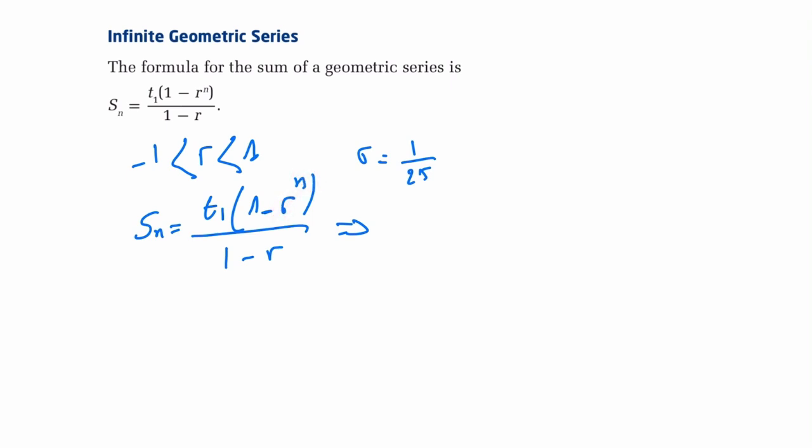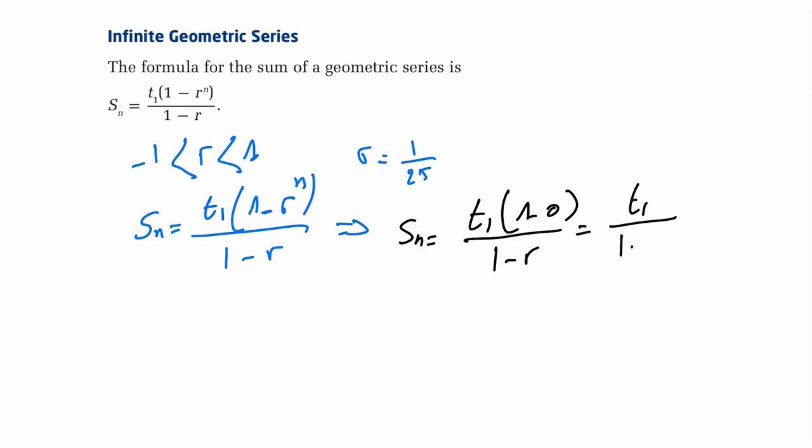Then I will end up with Sn equal to T1 times 1 minus 0 divided by 1 minus r, which gives me T1 divided by 1 minus r. But be careful, we choose our r to be between -1 and 1, so that this number goes to 0.